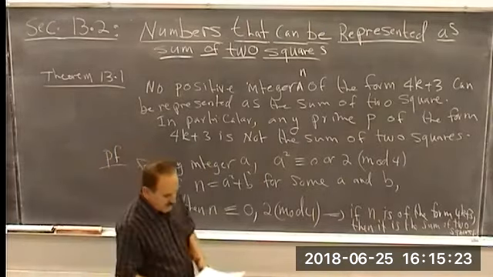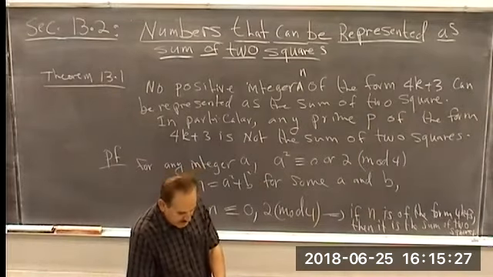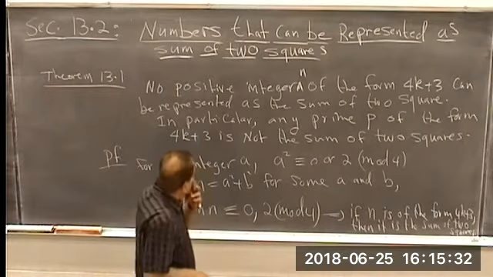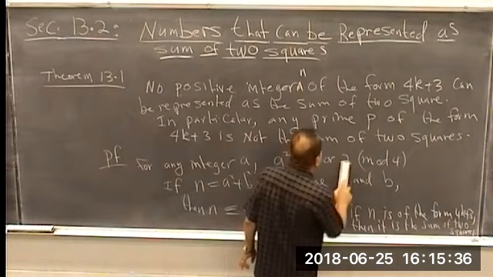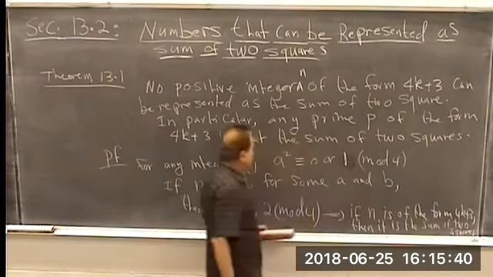This is the only possibility. This one is either congruent to 0 or 1 mod 4. This is the other possibility.